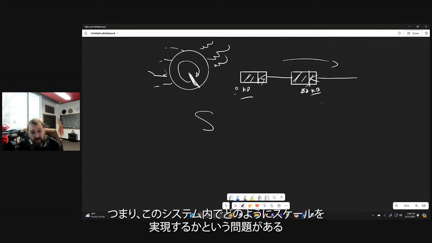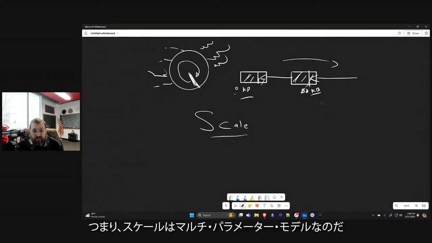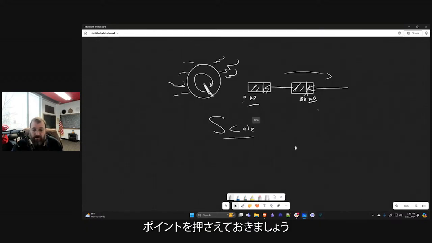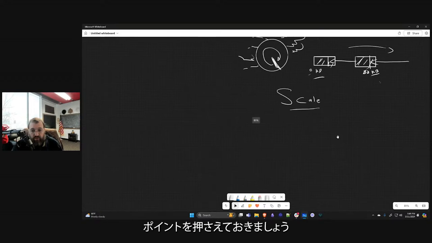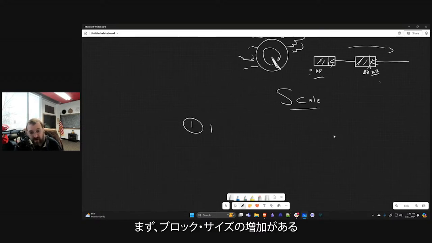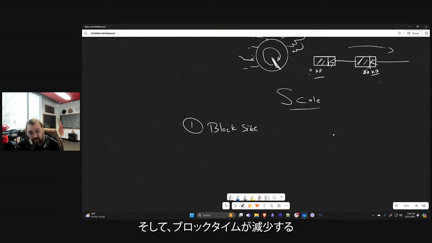So there's a question of how do we achieve scale inside this system? So scale is a multi-parameter model, and I'm going to give you guys some of the rough points to it. So first off, there's increasing block size, and there's decreasing block time.